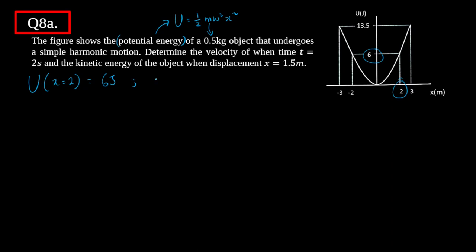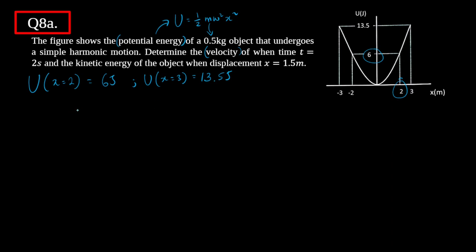And of course, I want to write down other values as well. For example, x equals to 3 meters, so it's going to be 13.5 joules. That's just for future references. Okay, so if I were to determine the velocity, I will need to work out the equation for displacement.